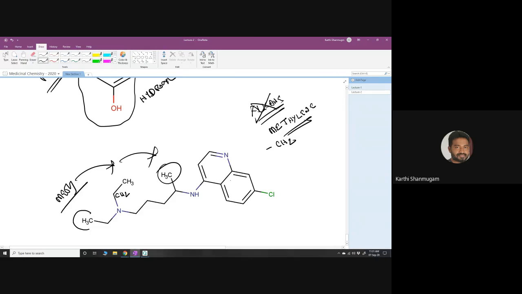So coming to this part, what type of functional group is this? Can we call it chlorobenzene? Yes, it's a chlorobenzene group. If you want to name this as a functional group, how to name this?